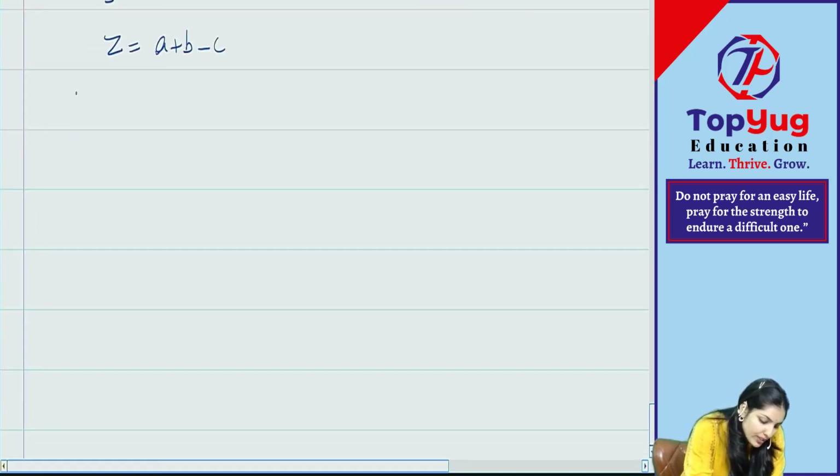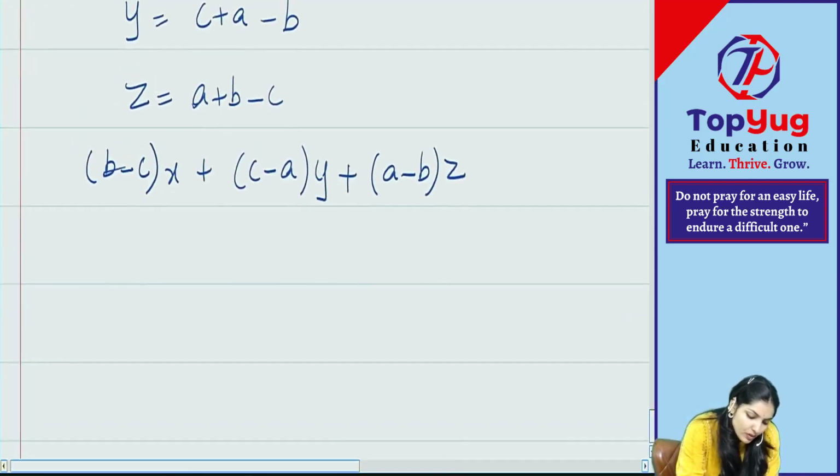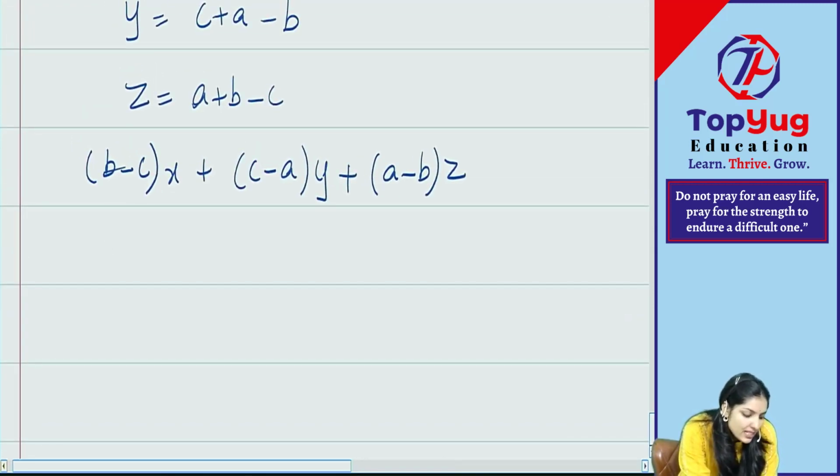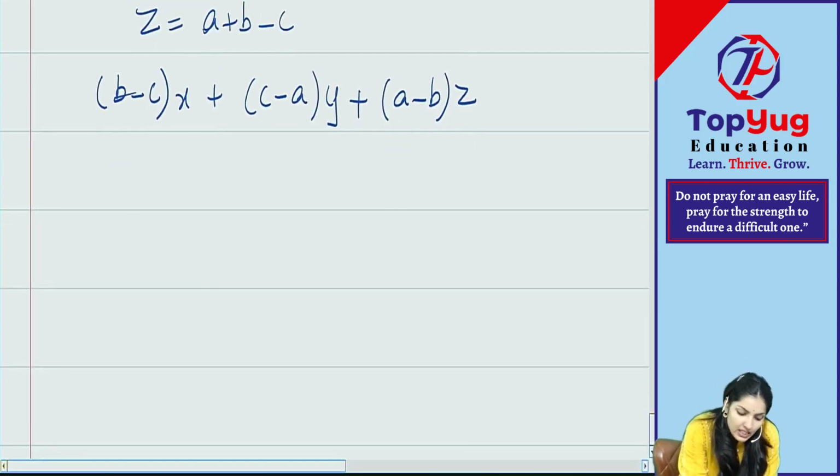The equation is b minus c into x plus c minus a into y plus a minus b into z. They are asking what answer we get if we sum this. If I use the k method, the problem will become very lengthy. This is very easy. So what is the value of x?